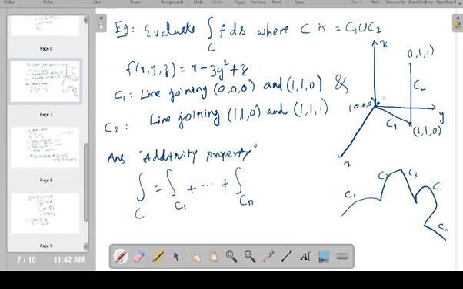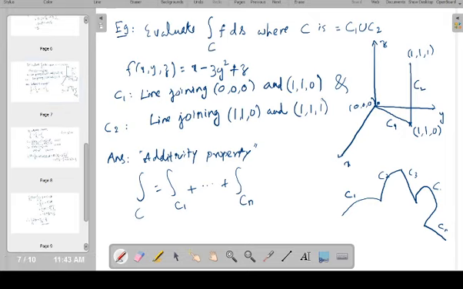And the value of the integral was found to be equal to 0. But in this example, the value is non-zero. So the value of the integral depends on the path, but not on the parameterization. So that is the remark we can conclude.